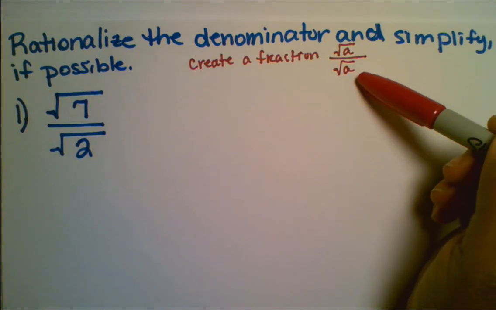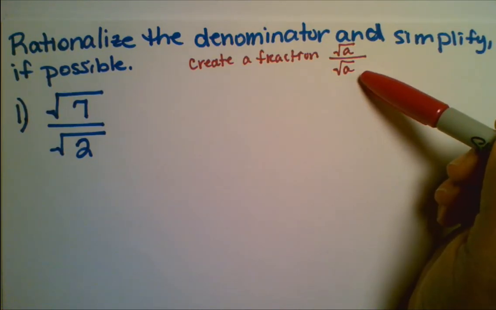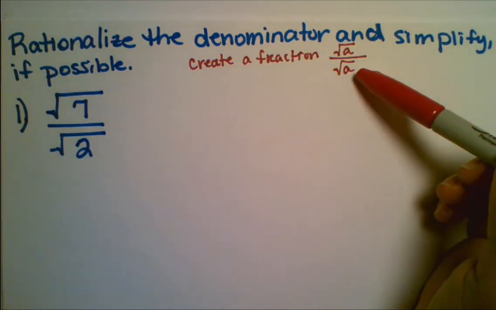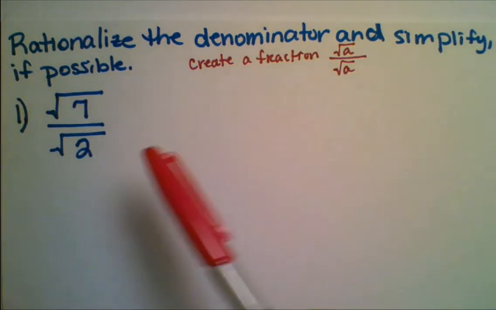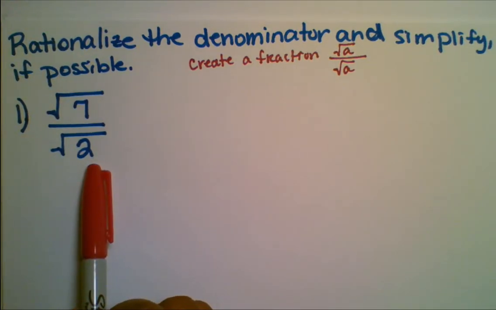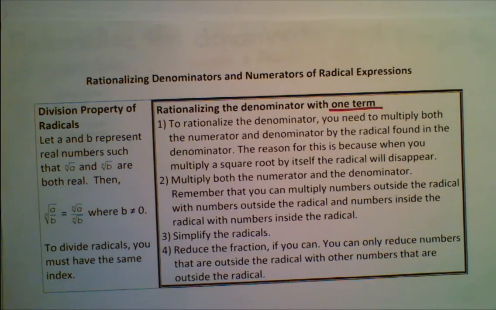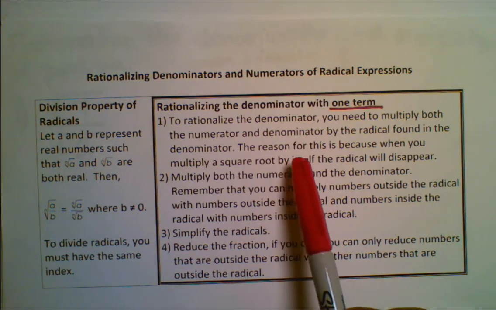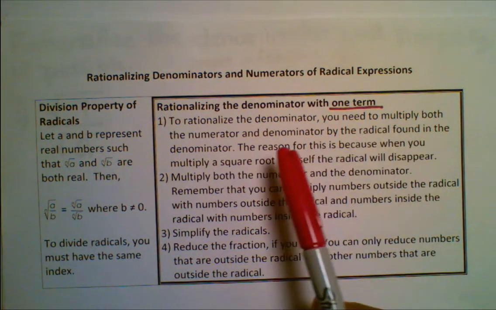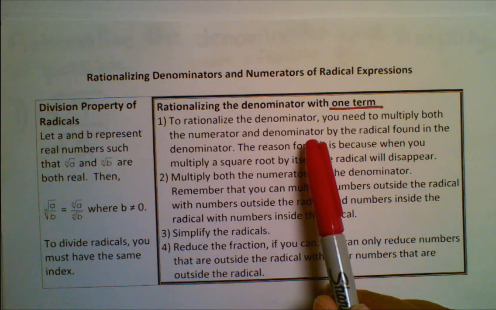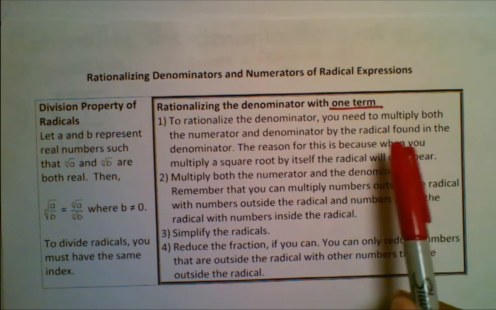And in that fraction that we're going to create, we want to make sure that the radical we use makes that denominator a perfect square or a perfect cube, depending on the index, but a perfect nth power. So to do that, let's go back to step 1. It says to rationalize the denominator, you need to multiply both the numerator and denominator by the radical found in the denominator.